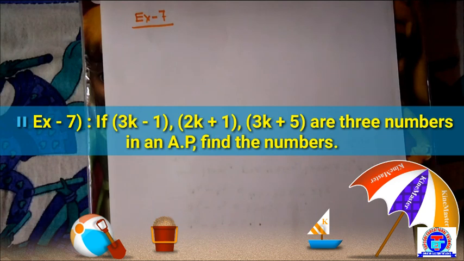Now dear student, the example number 7: if 3k minus 1, 2k plus 1, 3k plus 5 are three numbers in an AP, find the numbers. Okay, so let's try to find the solution regarding this problem.